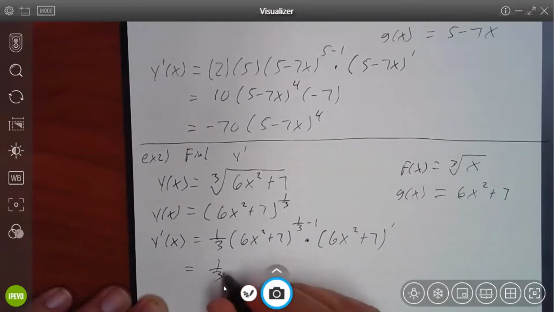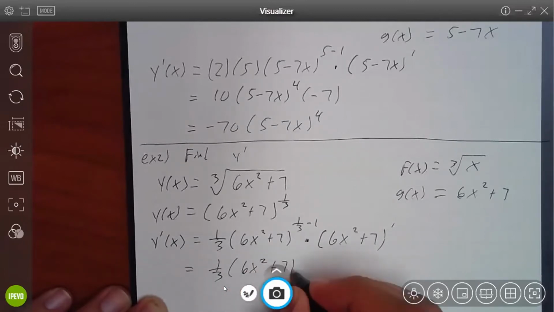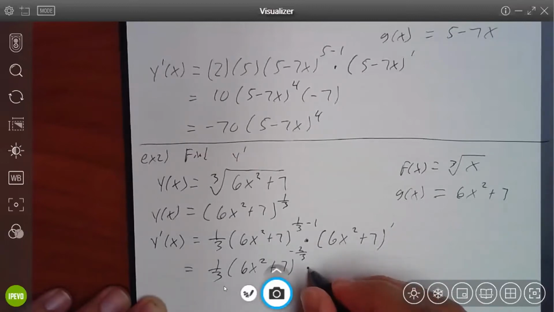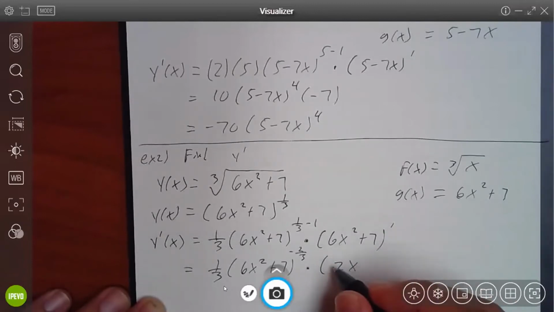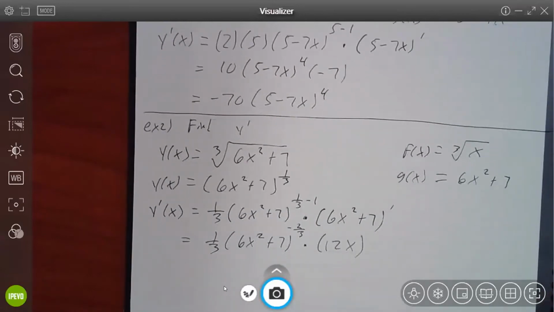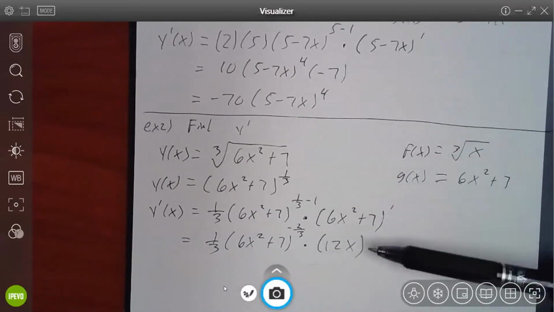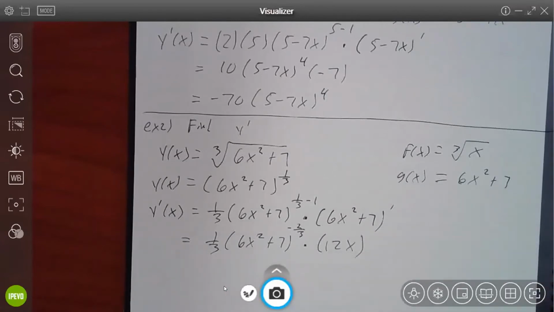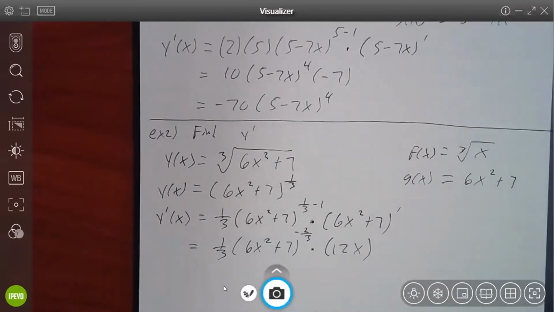So that becomes 1/3 times (6x squared plus 7) to the negative 2/3 times the derivative of this, which will be 12x. Do these first few steps make sense to you? It's following the chain rule formula. At this point, just do some algebra and you're done.